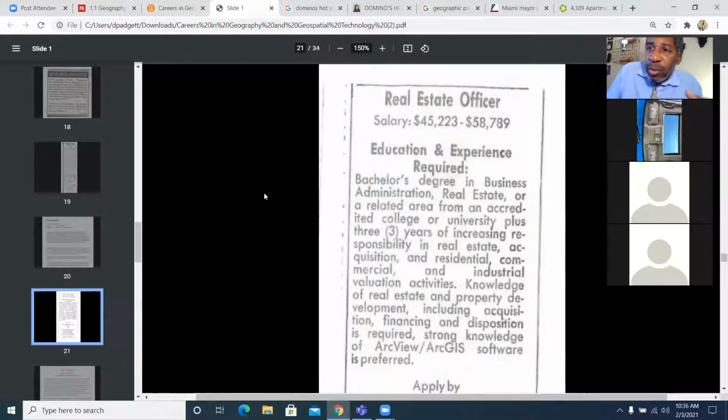That's called being underwater. In other words, you owe the bank more for your house than the house is worth. And so in order for that not to happen to you, you have to work with the real estate agent that has a strong understanding of the geography of the community in which you're about to build a home or buy a home, because anything can happen.